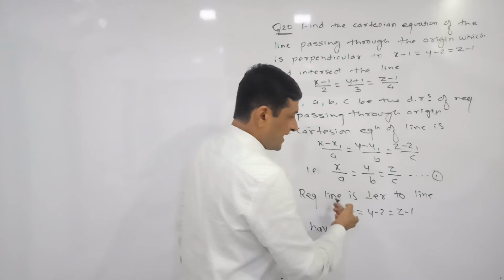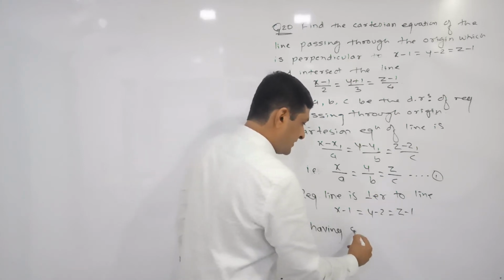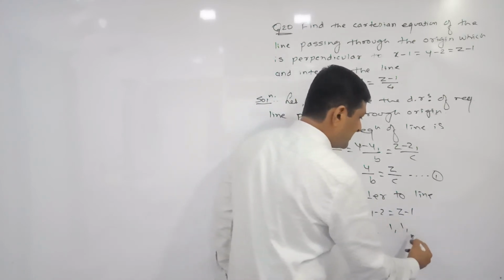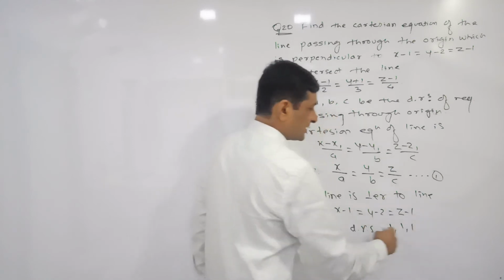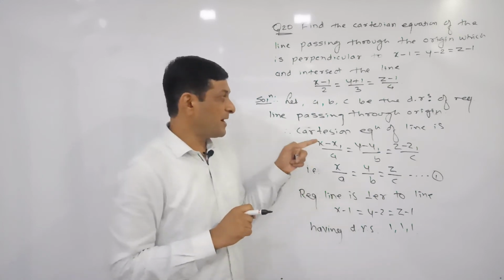So this required line is perpendicular to this line having direction ratios, what are the direction ratios? 1, 1, 1, because here also in the denominator 1 is there, here also 1 and here also 1. That's how we have got the direction ratios of this line. But what are the direction ratios of the required line?